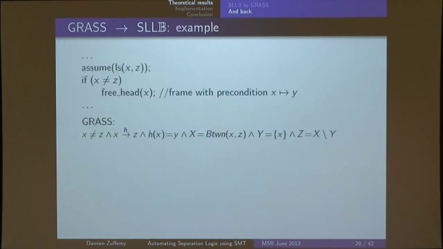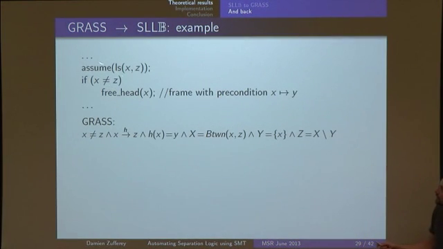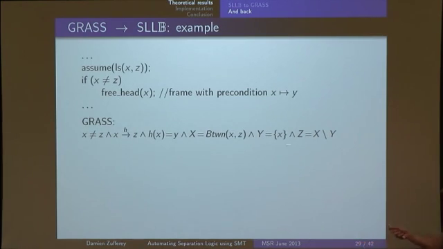So nothing really special. So for instance, what's the use case? Assume that we have a list segment, and then we are in a branch that was testing that x is not equal to z, and then we are calling free on the head of the list. The precondition will say that x points to y, so basically x is allocated. When it's translated, we get the constraints coming from the if branch, and the rest comes from the assumption.